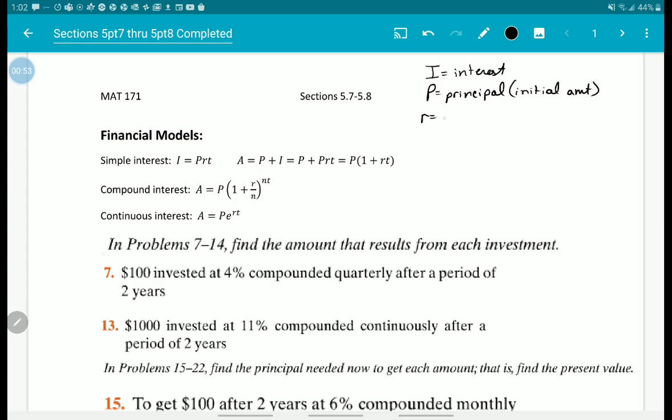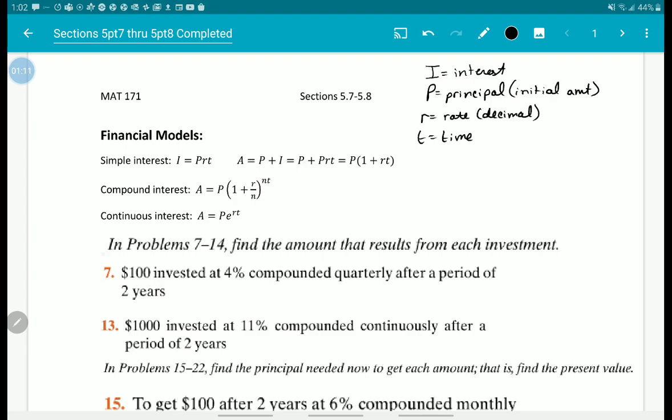R is your interest rate. It always has to be expressed as a decimal. And then T is going to be time. So when we talk about money, your interest rate's usually a yearly interest rate, so your time would be in years also.